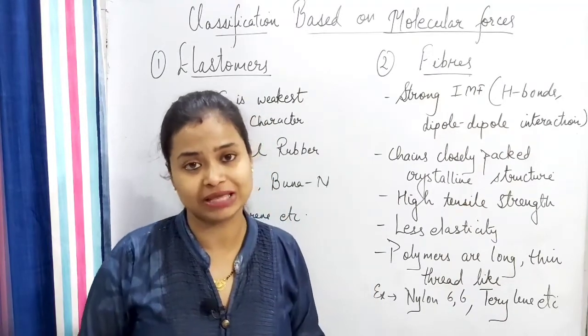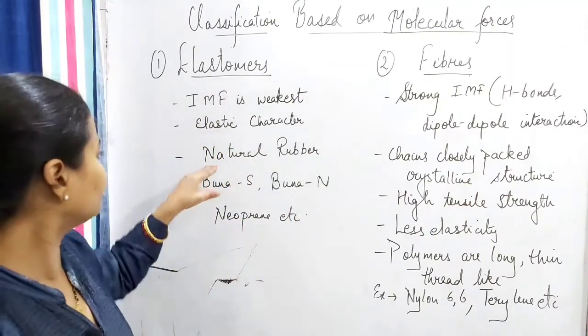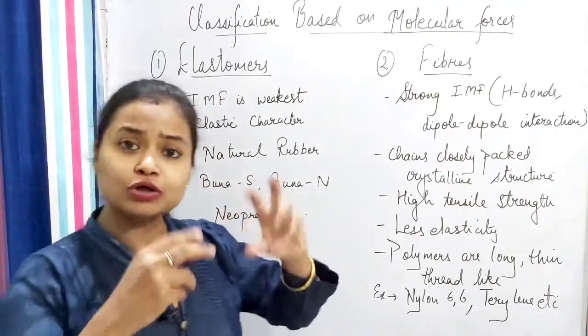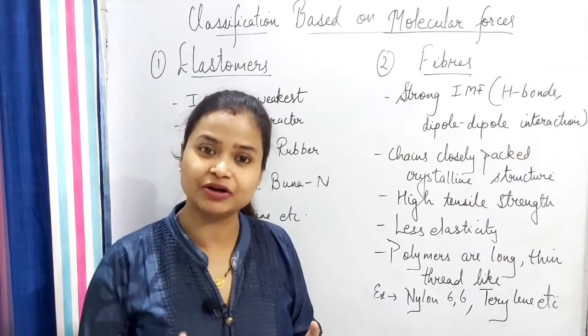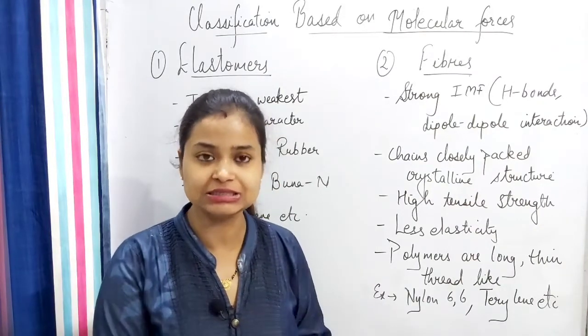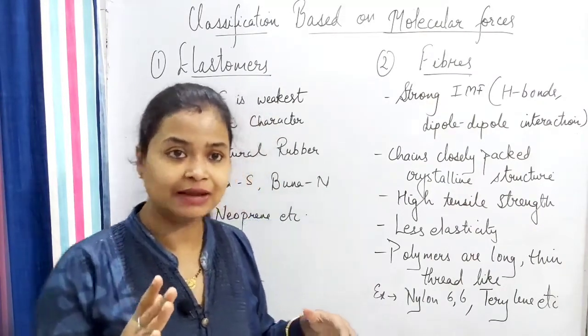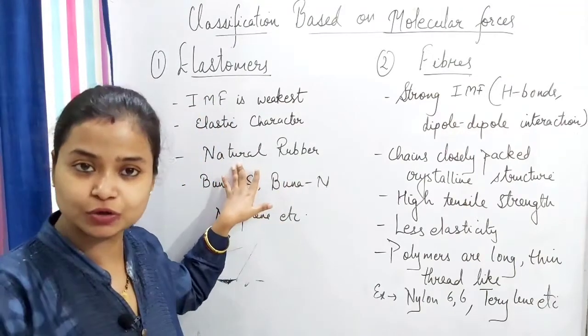And therefore some crosslinks, sulfur crosslinks, are introduced. We are going to see this in detail further, but just now understand, natural rubber is of natural origin.